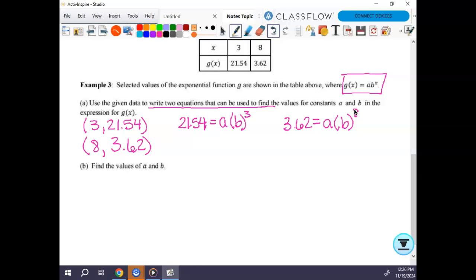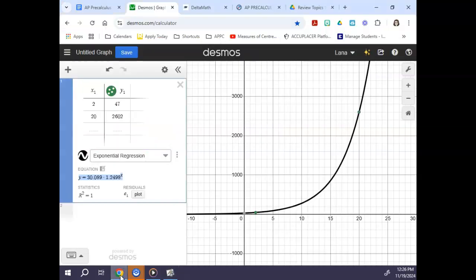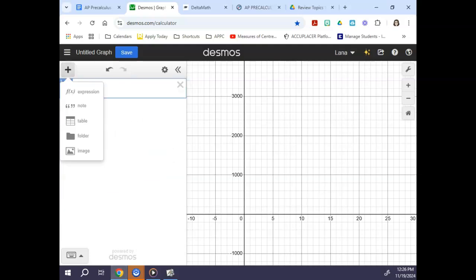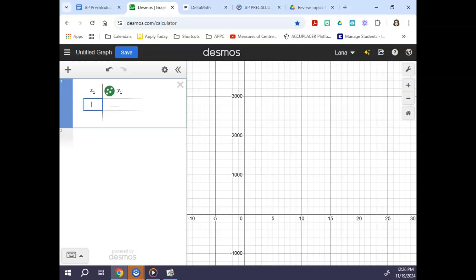Okay. Now we're going to find the values, which means that we are going to go to Desmos. I'm just going to X all this out and start from scratch here. And I have 3 and 8.